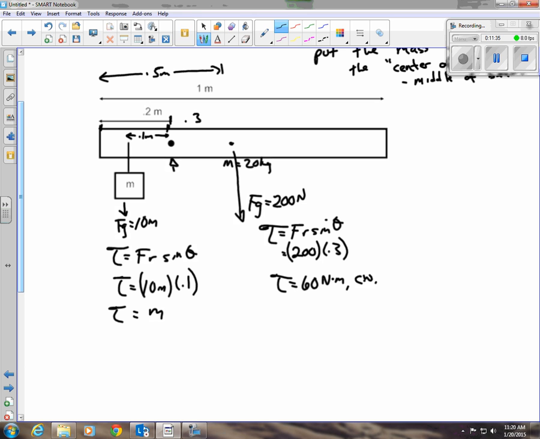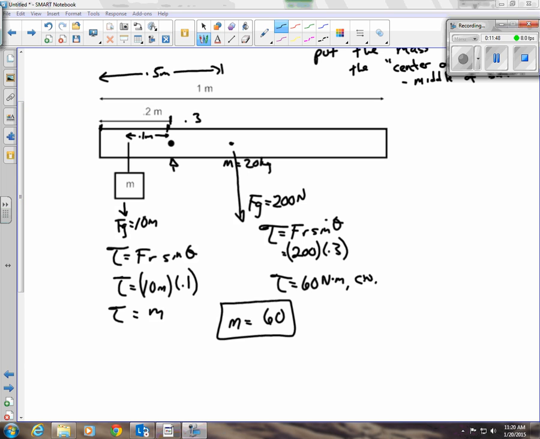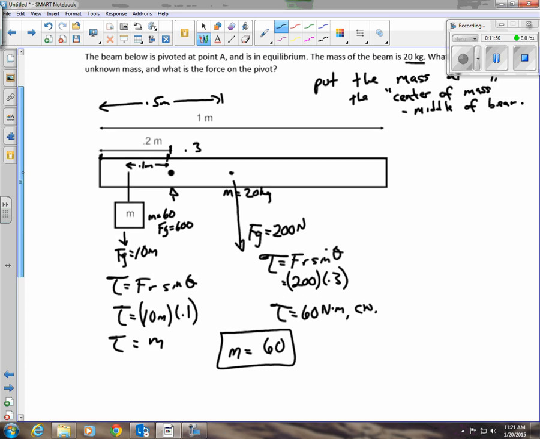Now set it equal. I get M equals 60. Now that I know that this mass is 60, I can say the force of gravity there is going to be 600.